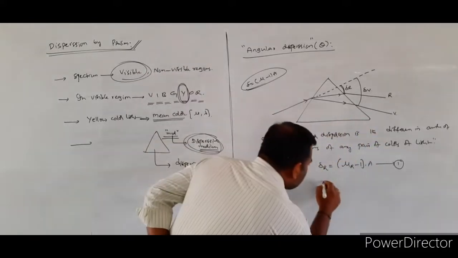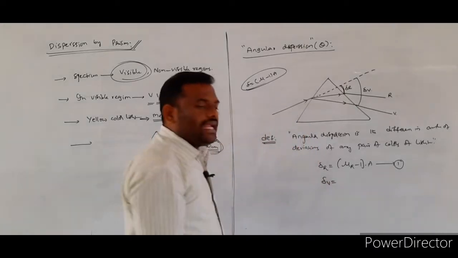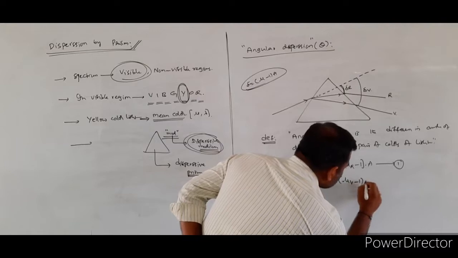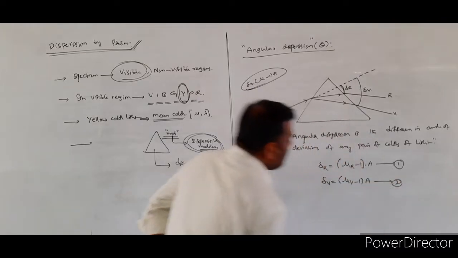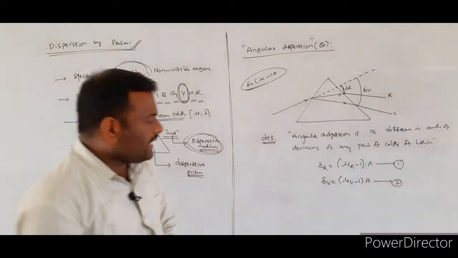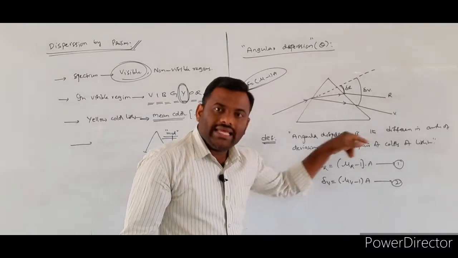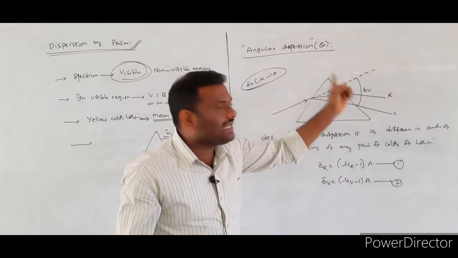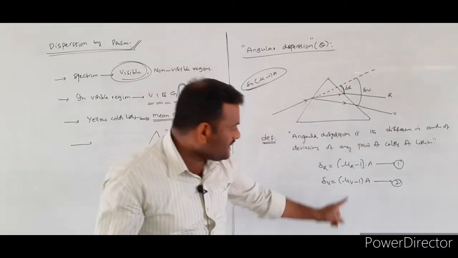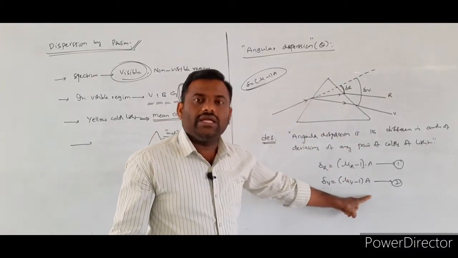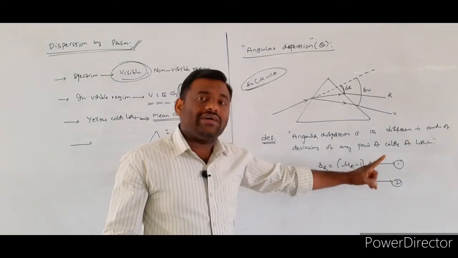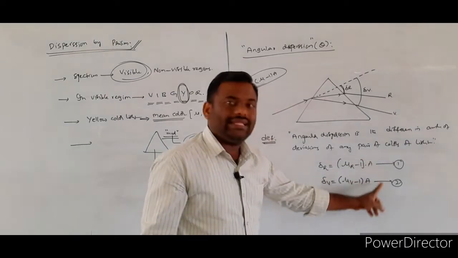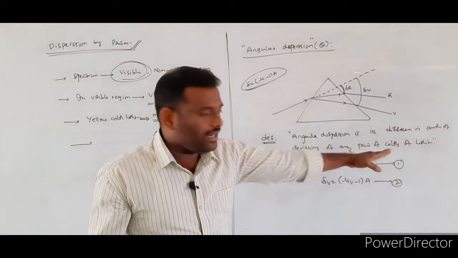Similarly, for the violet color, the angle of deviation is mu v minus 1 into A. Here, the refractive index of the prism changes to mu v, but for any color of the light, the angle of the prism value remains the same.